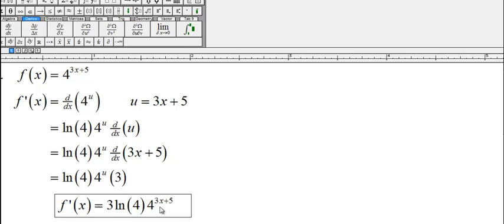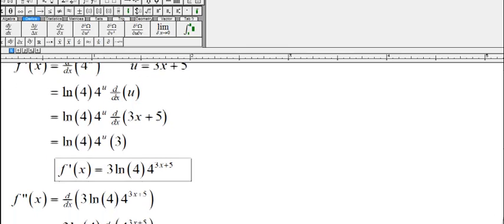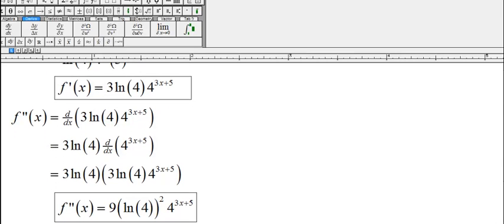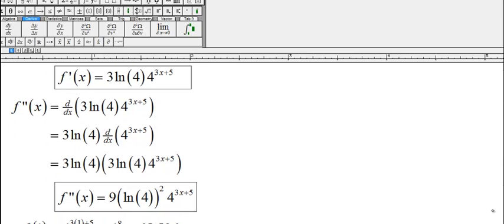So if you look, it's actually just a constant multiple of the original function, so the derivative is a vertical stretch of the original. So if we take another derivative, it turns out to be a further vertical stretch. So we're taking the derivative of 3 ln of 4 times 4 to the 3x plus 5.